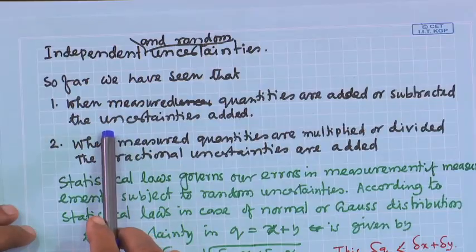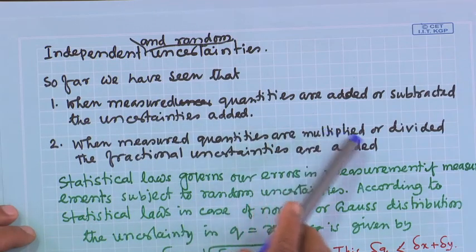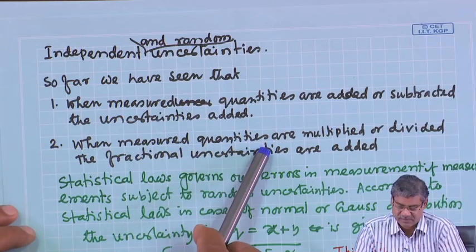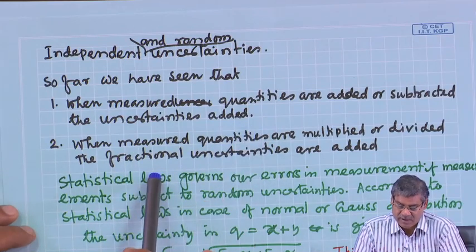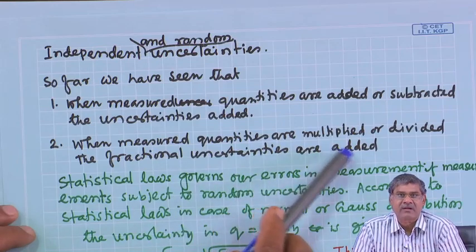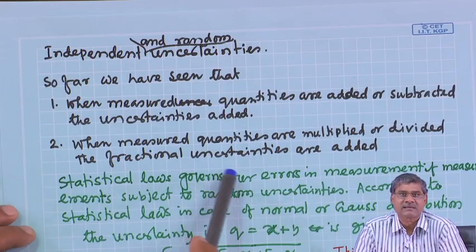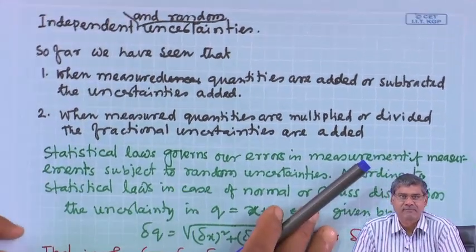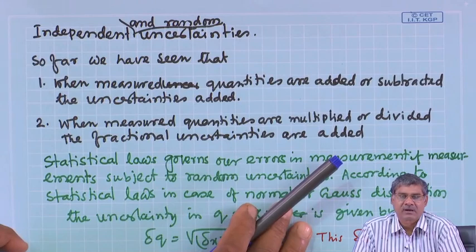So, so far what we have seen: when measured quantities are added or subtracted, the absolute uncertainties are added, right. When measured quantities are multiplied or divided, the fractional uncertainties are added. Okay. These two rules we have seen, we have verified, we have proved.